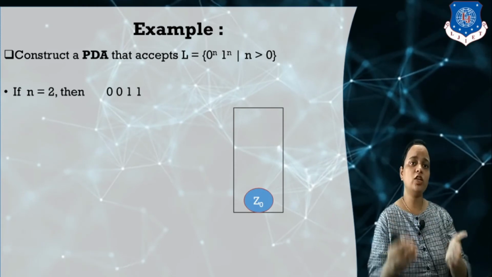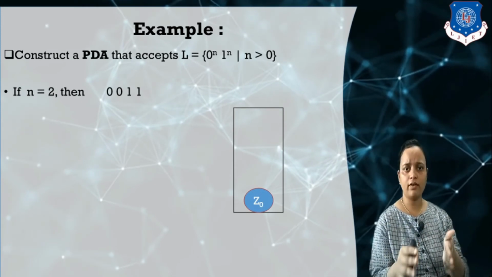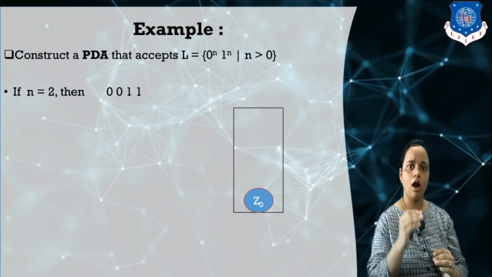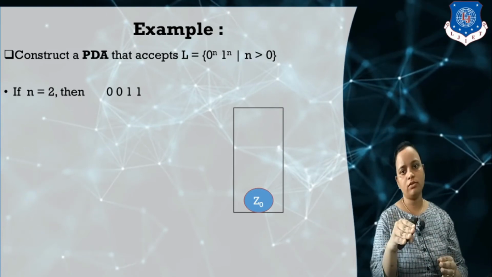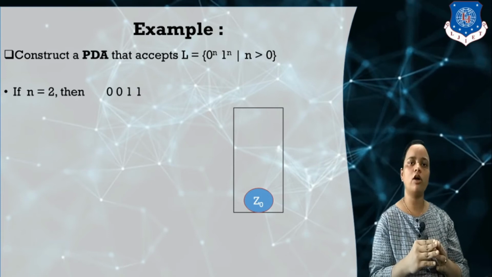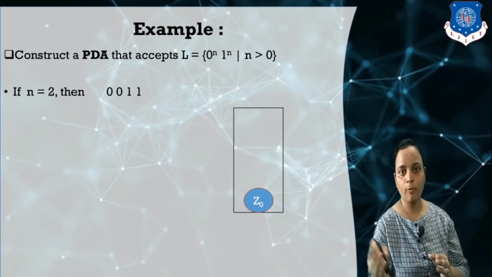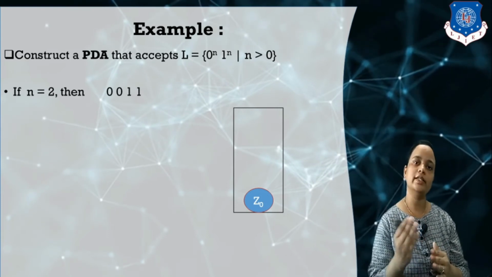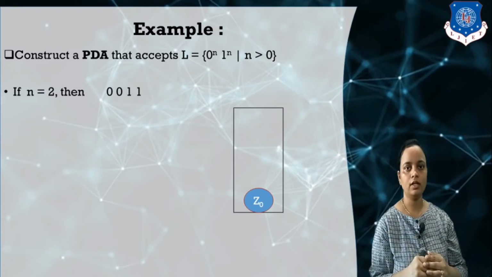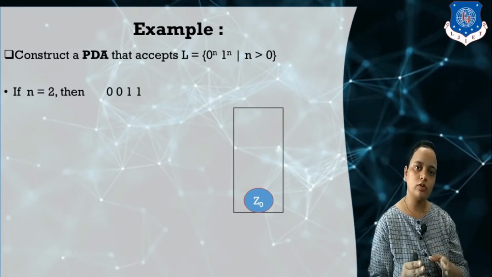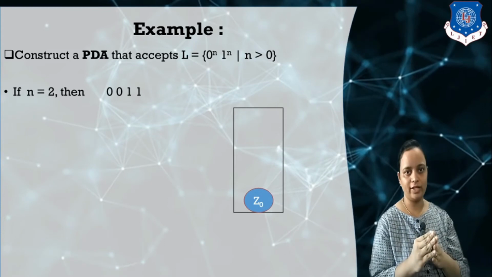As we know, on a stack we can perform two operations. A push operation, push means we can insert a symbol onto the stack, and the next is the pop operation. Pop operation means deleting a symbol from the stack. Now by using these two operations I can compare these two values. How?